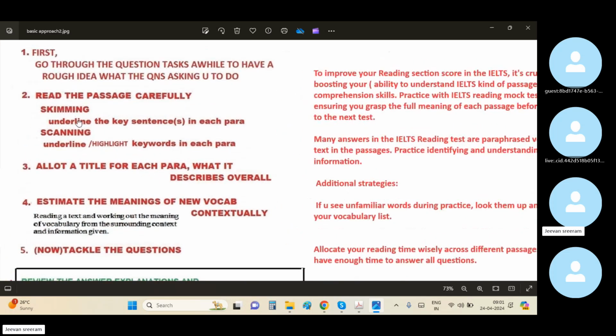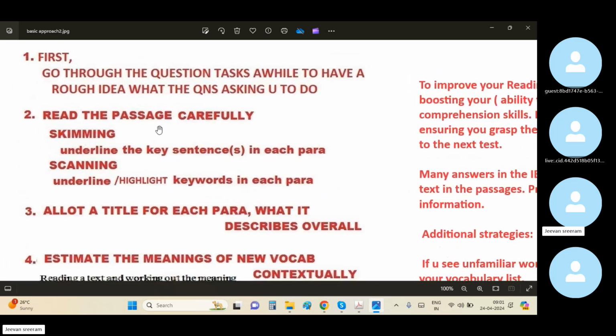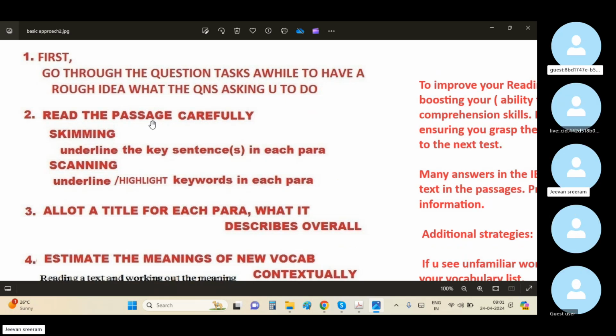Please observe the first step. What's the first step? Go through the question tasks. There are some questions following the passage. You have to look through the questions first and underline the keywords. The first step is not directly beginning with reading through the passage information.